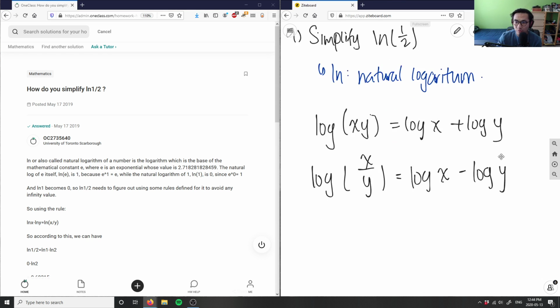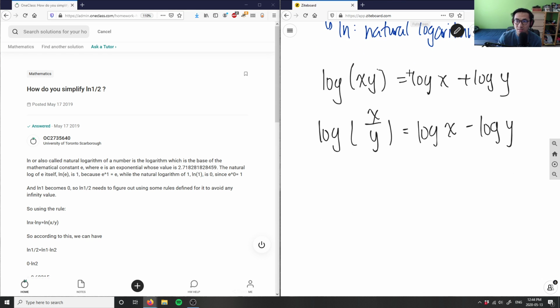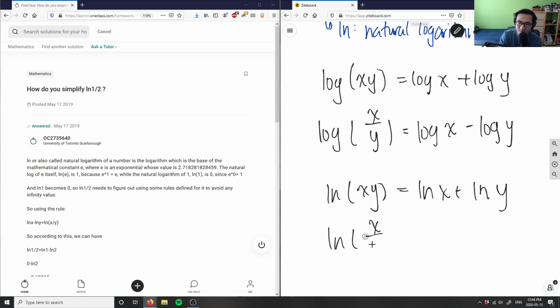A natural logarithm also follows these rules. So ln of x times y is ln x plus ln y, and ln of x divided by y is ln x minus ln y.